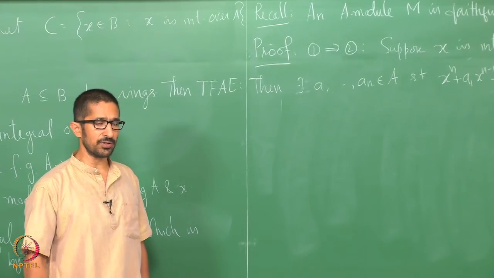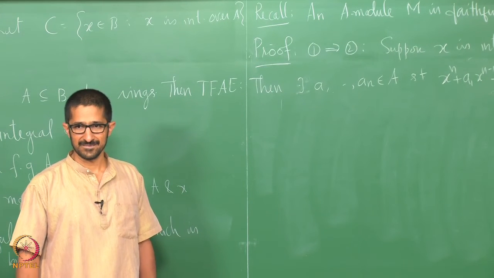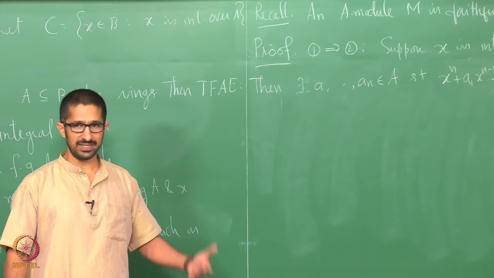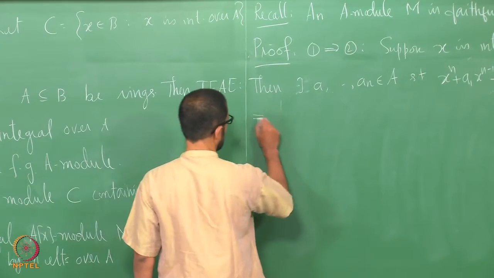Can you tell me an A module generating set for A[x] now? 1, x, up to x^(n-1). So this will imply that.